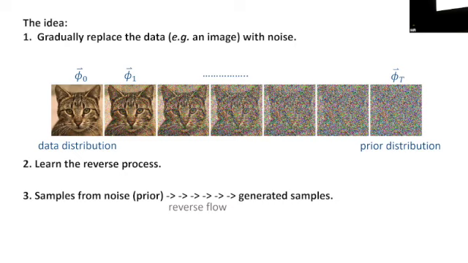I'll refer to this distribution as the prior distribution, the reason being that once you start generating, that will be the prior you sample from. The second step is that we learn the reverse process. We have heard a lot about it this morning, so I won't say much about it. The third step is that once you learn the reverse process, you can just sample from the prior distribution and then run the reverse flow, and that will become the generated examples, the fake cats and so on that you saw on the previous slide.